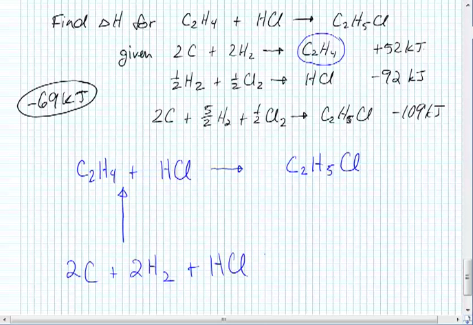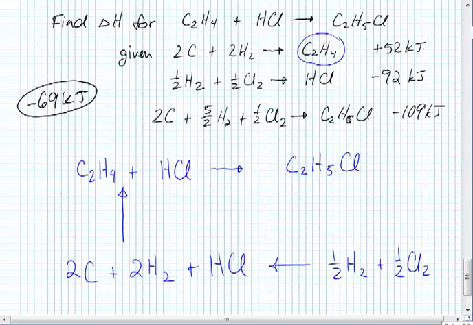Now I need to look at the HCl. Well, HCl can be produced by, you'll notice right here, hydrogen and chlorine. So I'm just going to have a half H2 plus a half Cl2.